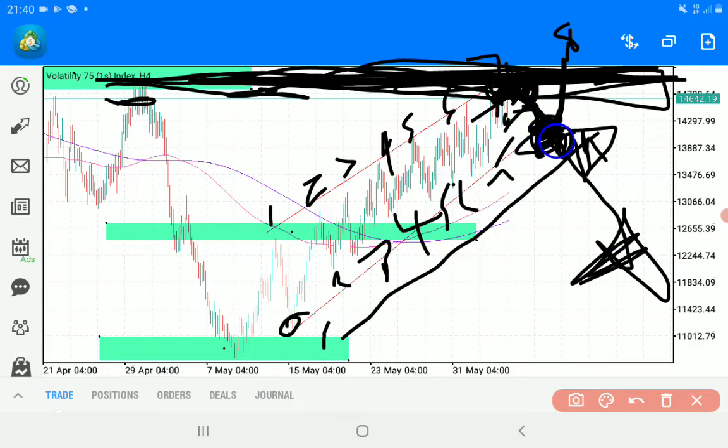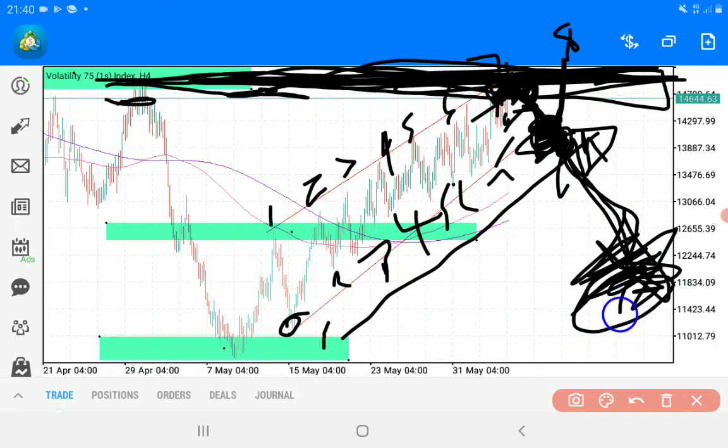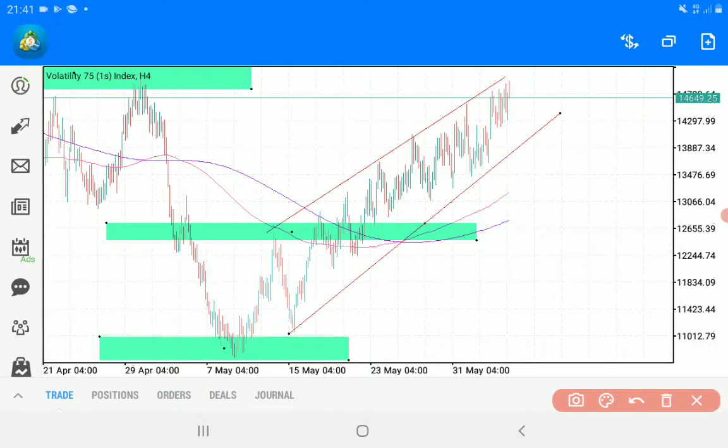It might even break that and go down. All right, so it might now turn and become a downtrend. Okay, so let me delete all that mess. So that's what I learned so far.